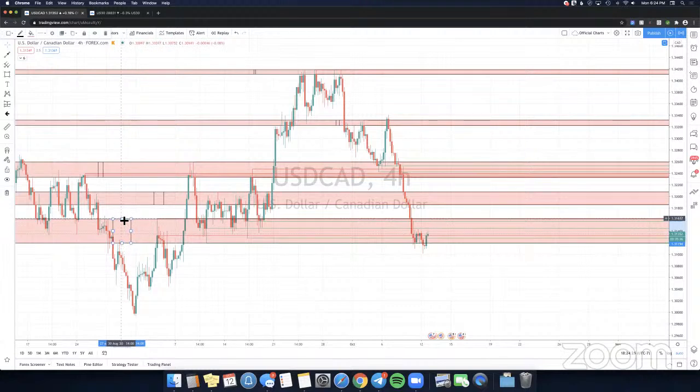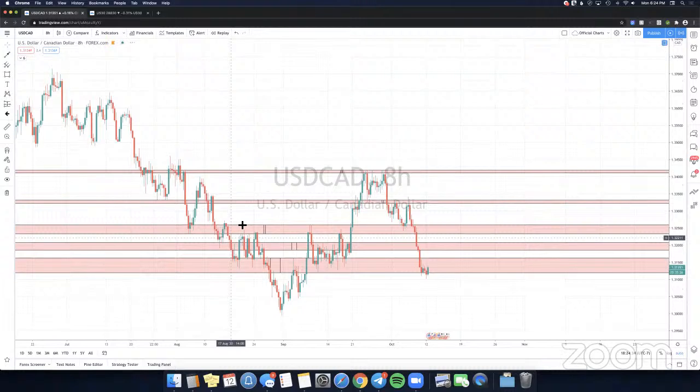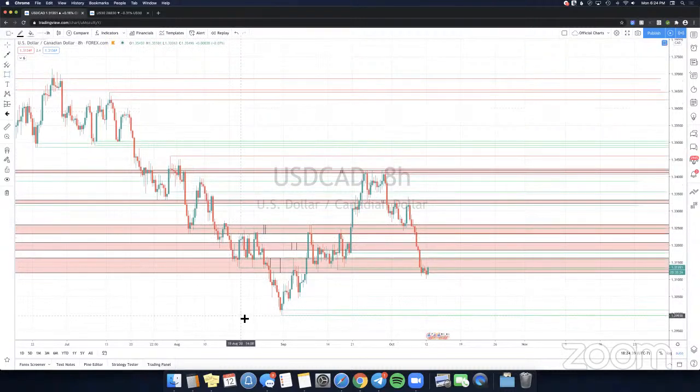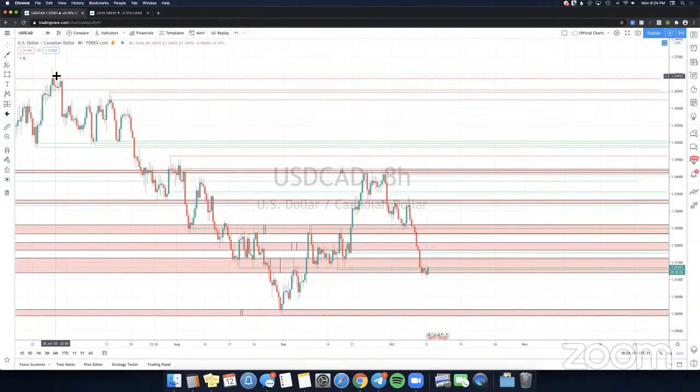All right, so I'm just going to draw a big zone because a lot of these cross over and there's just not enough space to trade within these zones. So let me create a lower zone as well. There we go. Lower zone's way down there.